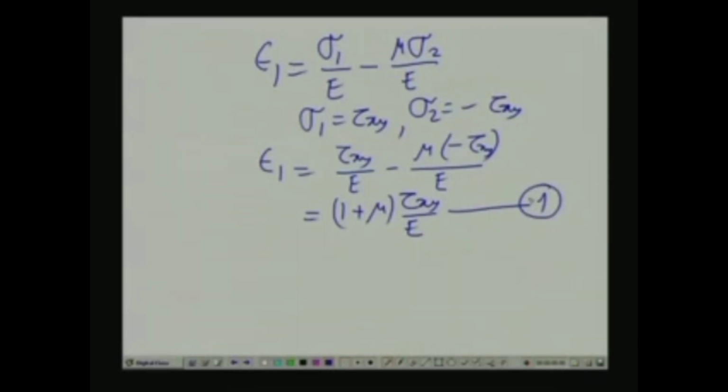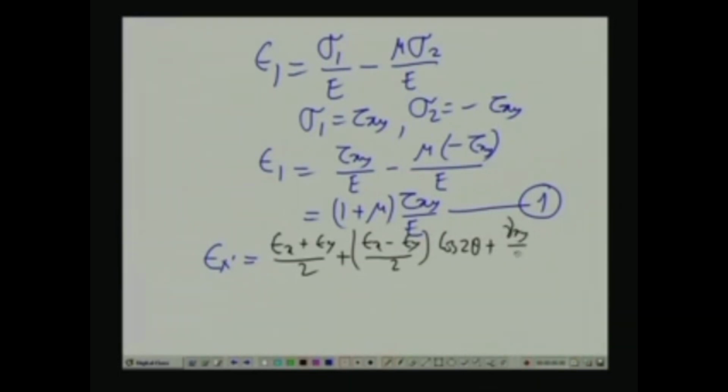Now, we have seen that the strain in any direction, epsilon x dash, is equal to epsilon x plus epsilon y by 2 plus epsilon x minus epsilon y by 2 cos 2 theta plus gamma xy by 2 sin 2 theta.